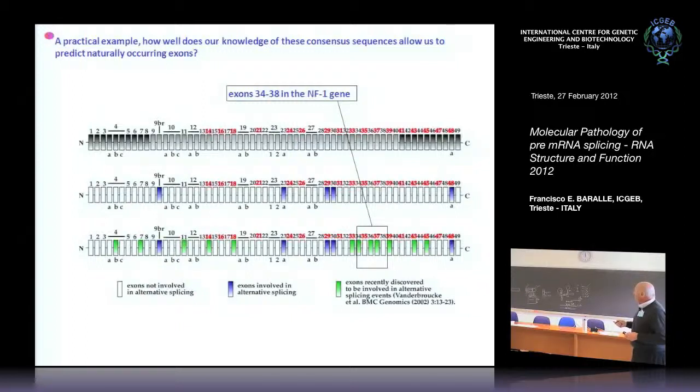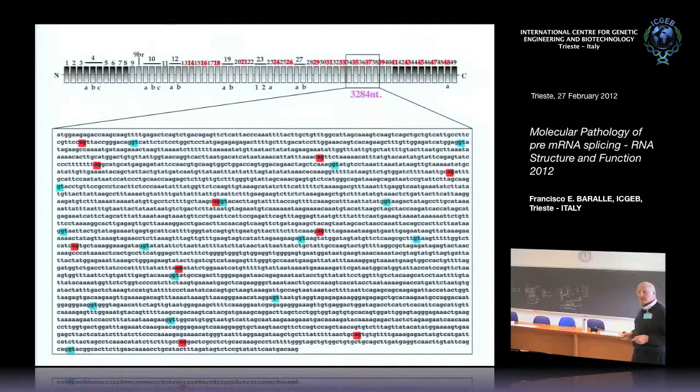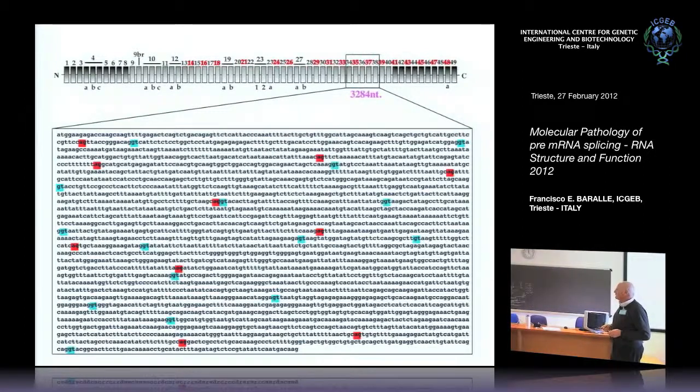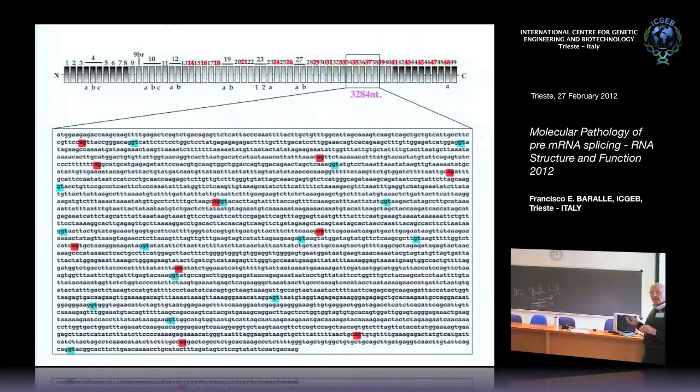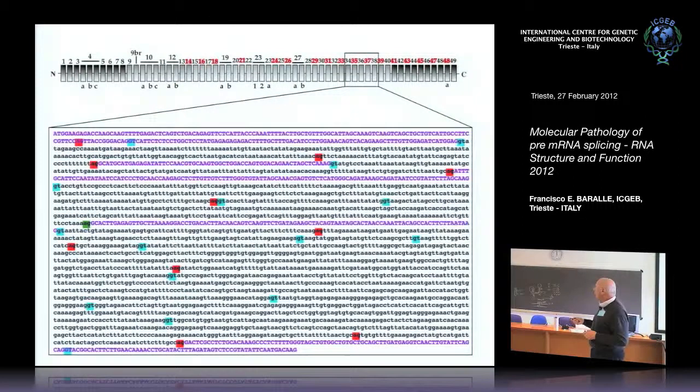If you take this region between exon 34 and exon 38, you have this sequence. If in this sequence you make a prediction of splice sites, 5' or 3', red and blue, AGs and GTs, the computer will tell you that all of this could be splice sites. Now, we know the cDNA of this gene, and we know that actually only the ones at the end of these purple sequences, which are the exons, are real.